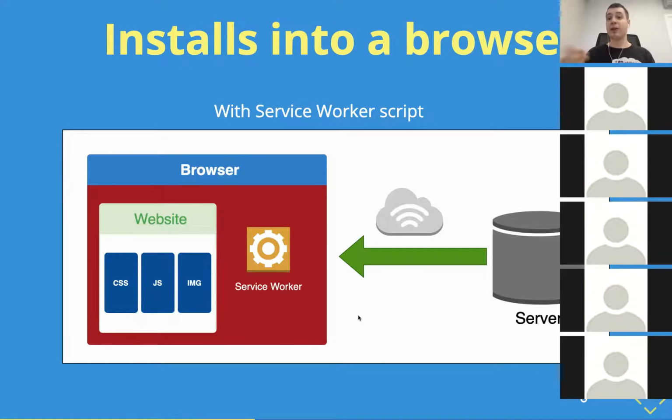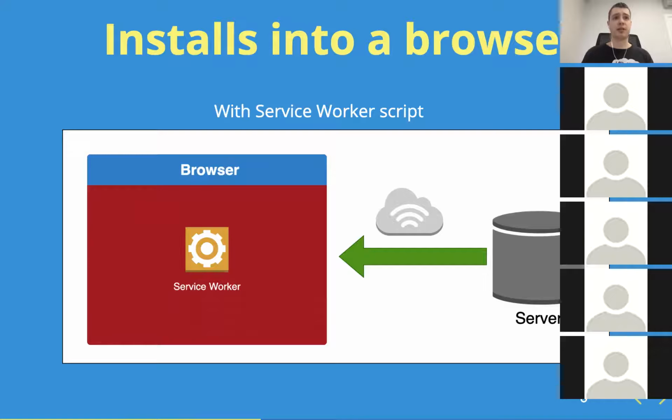That also means that as soon as the website is closed, the service worker stays there. It helps the service worker handle background synchronization or push notifications. While the website is still closed, the service worker can receive notifications from push servers and display them to end users.